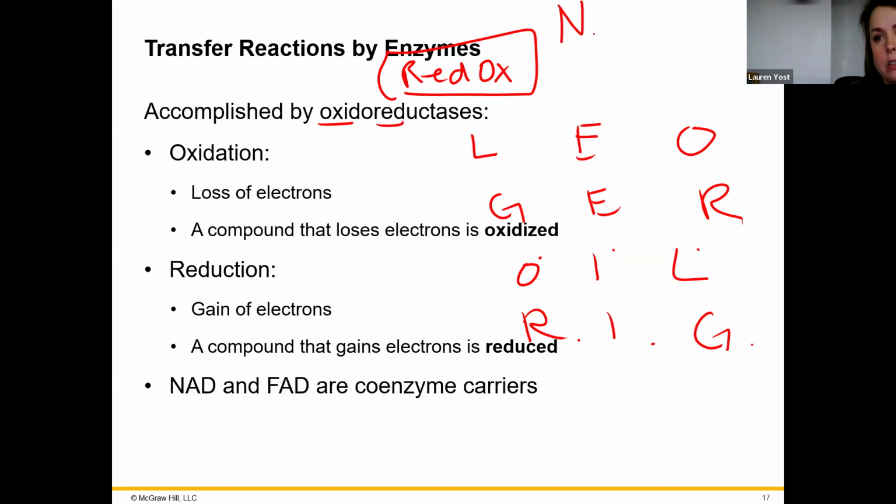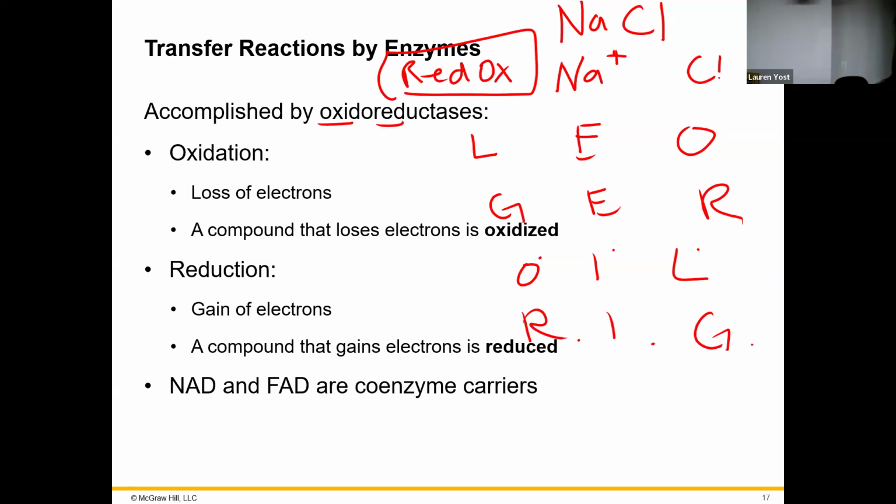We might think about sodium chloride. Remember, that is an ionic bond. Remember how one of them donates an electron to the other? That's a redox reaction. So to create that ionic bond, we have a redox situation going on. Sodium donates its electron and becomes positively charged. We know this.